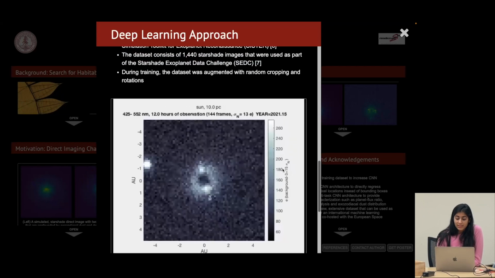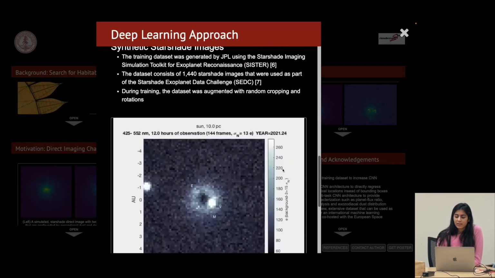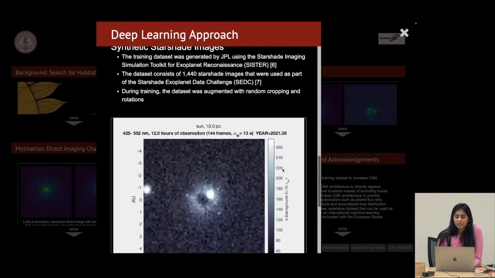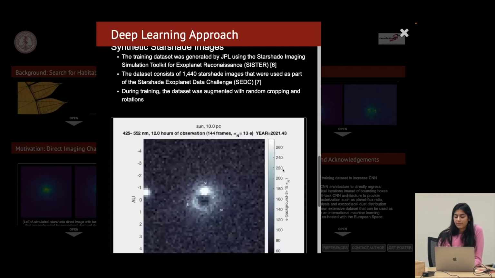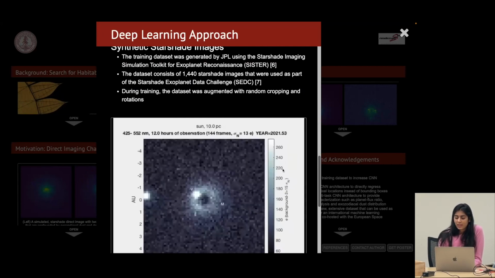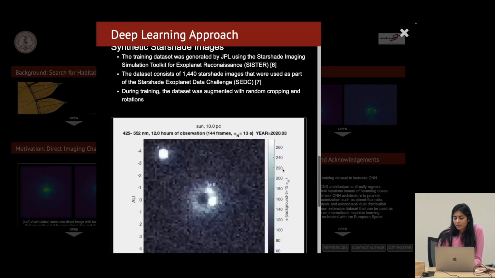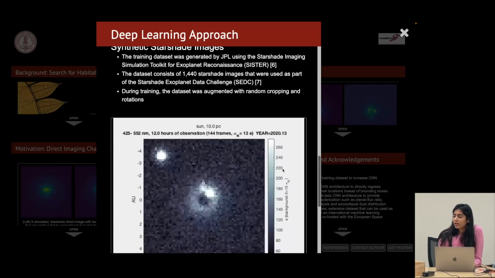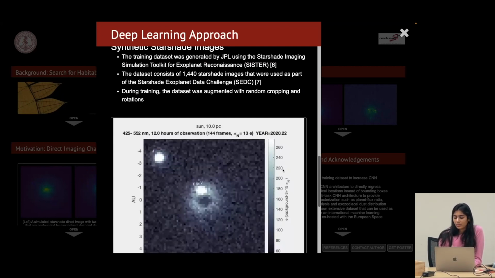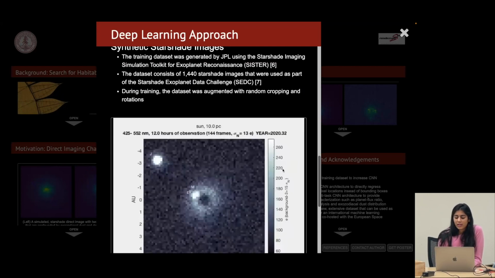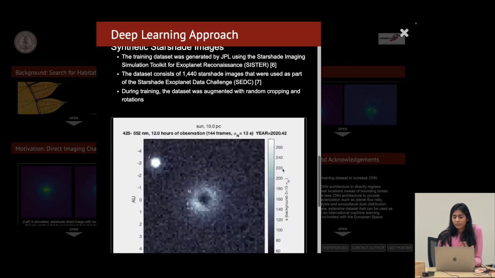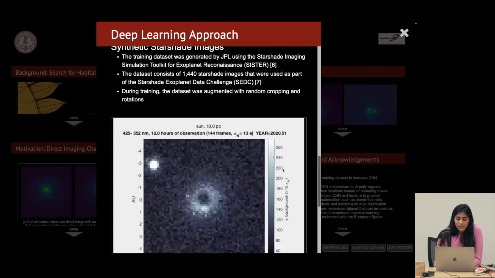The data set is still relatively limited compared to machine learning applications, with about 1,450 images. So when training the neural network, we had to incorporate data augmentation using random cropping, rotations and flips in order to artificially expand the size of the data set for training.